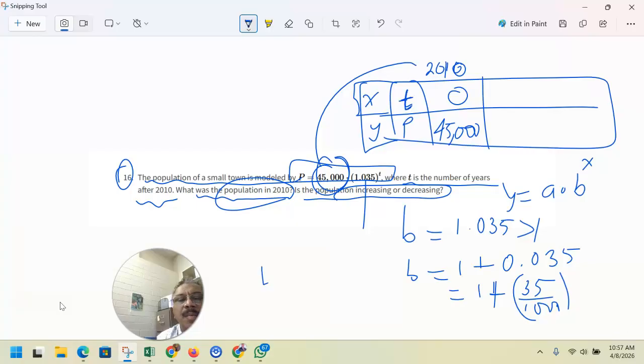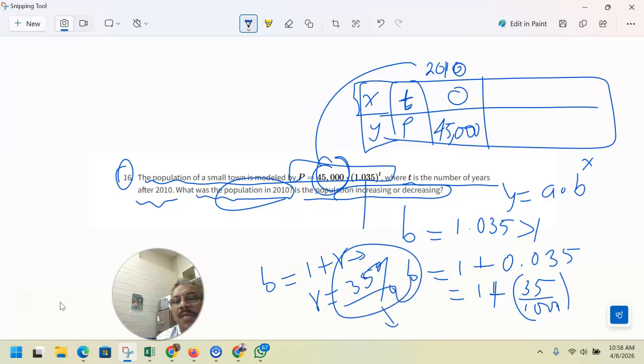When you write b is equal to 1 plus r, which is the percent increase, the r is 35 over 100, which is 35%. So the population is growing 35%. So there's a percentage increase. This is the growth factor. Hope that makes sense.